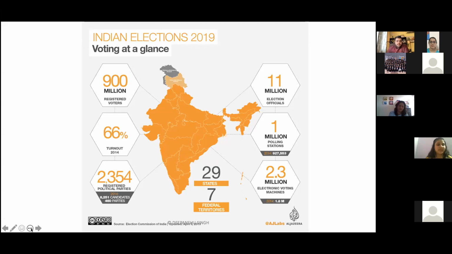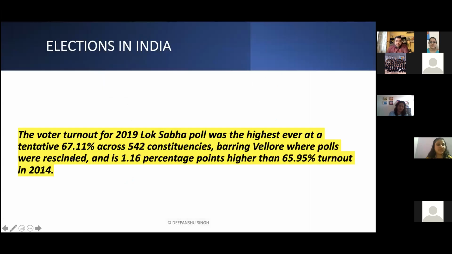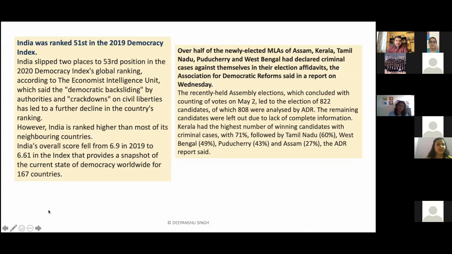Firstly, if we see the numbers, there was a 67.11% voting turnout, which was the highest ever in general elections in India. But at the same time, the concern is that in the recent democracy index, India has actually slipped its position.